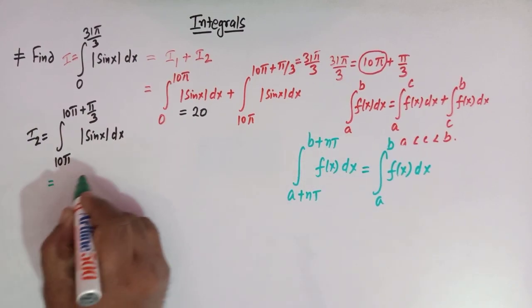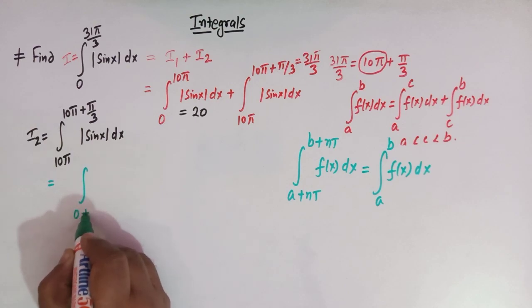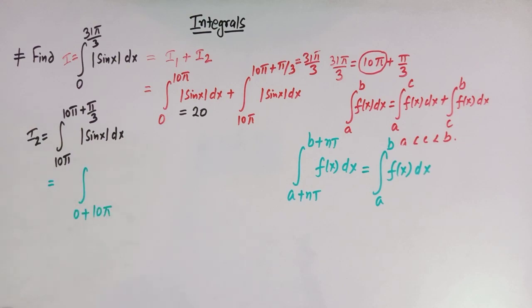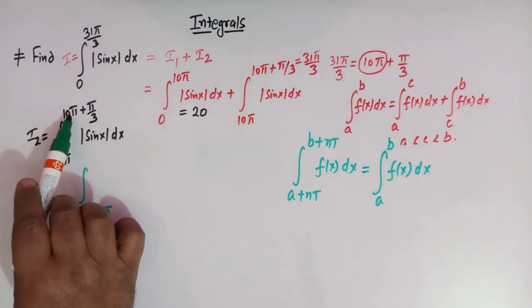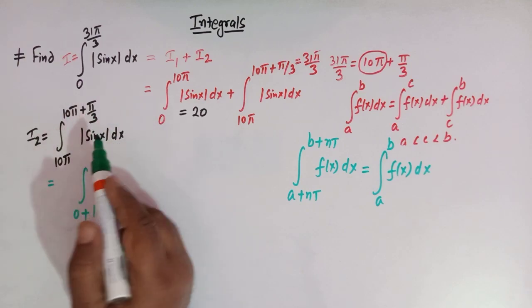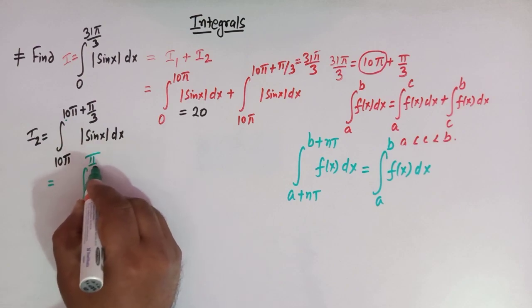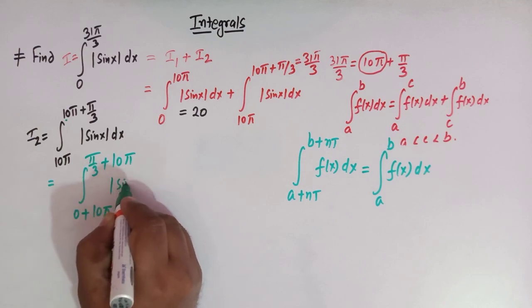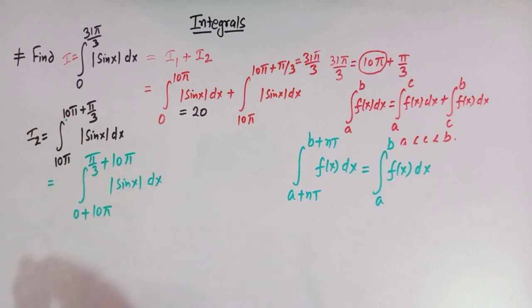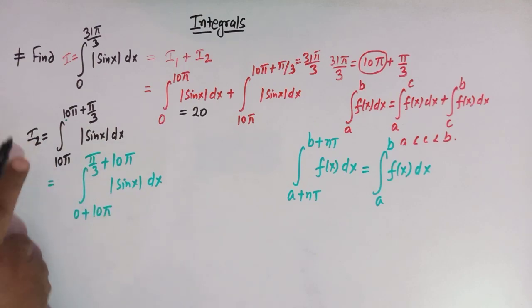We can write the lower limit 10 pi as 0 plus 10 pi, and the upper limit, shuffling these two numbers, as pi by 3 plus 10 pi, with mod of sine x dx. So without changing this integral, we have expressed I2 as this.